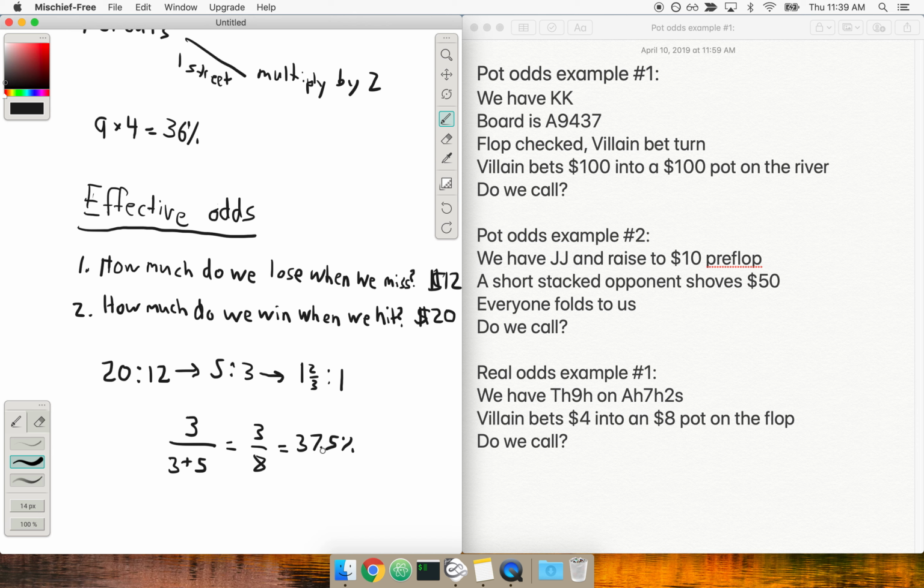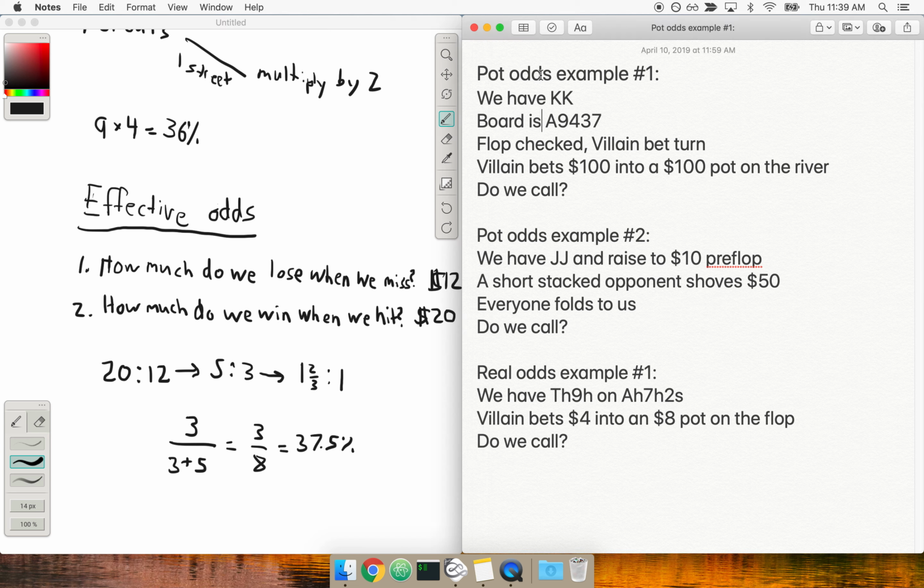So I want to point out that pot odds are an approximation. When you're in a situation like these first two examples, pot odds are actually exactly what you want. And the reason for that is because once you call, the hand is over.